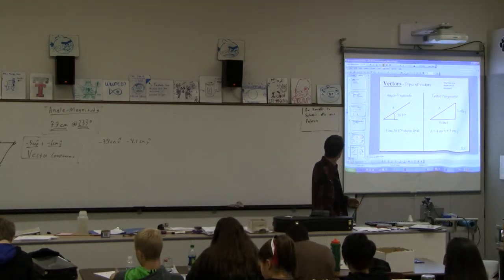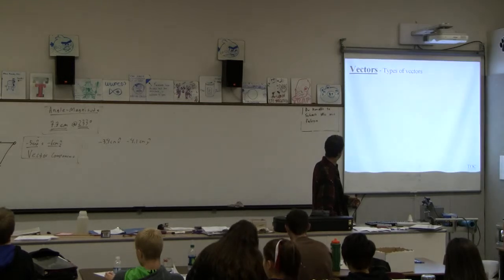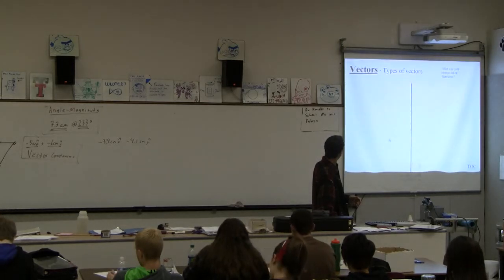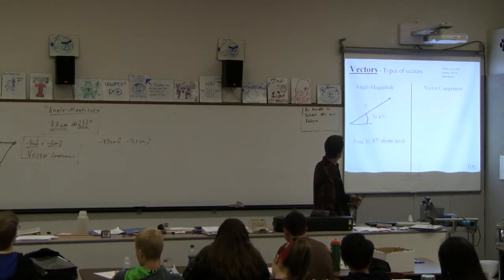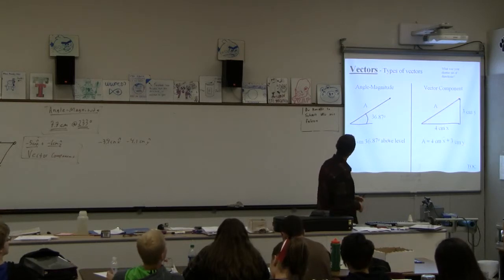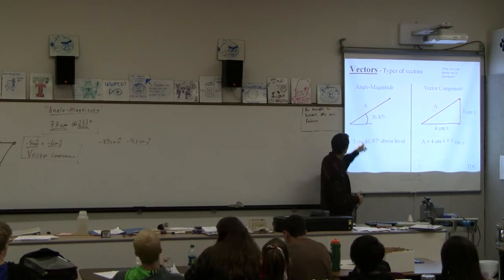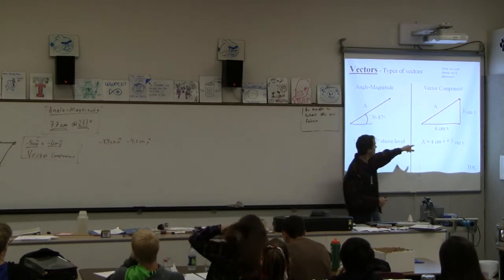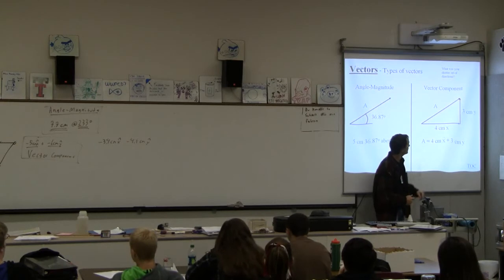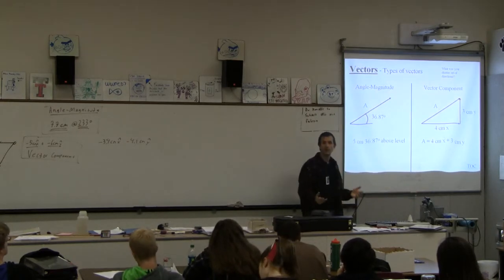Now, this is kind of funny. If you look at this sheet, at this thing right here, okay? This is the same vector written both ways. Okay? So 5 centimeters at 36.87 or something like that, right? Looks like that. And then this is the components, 4 over and 3 up. And 3, 4, 5 could be a right triangle, couldn't it?